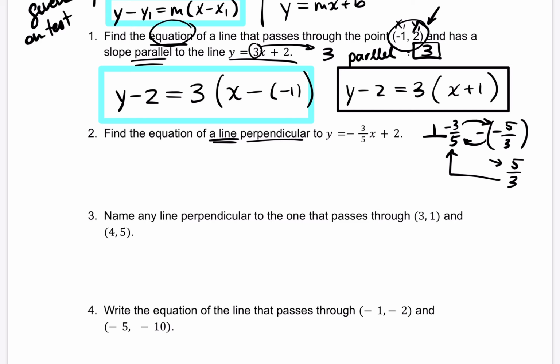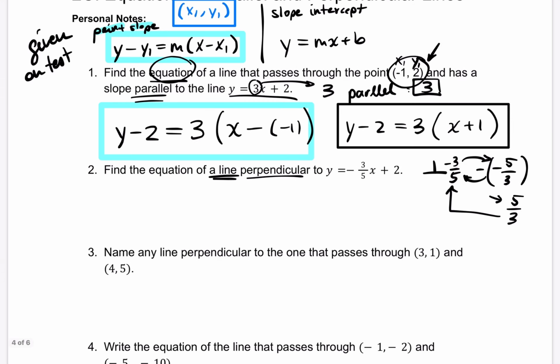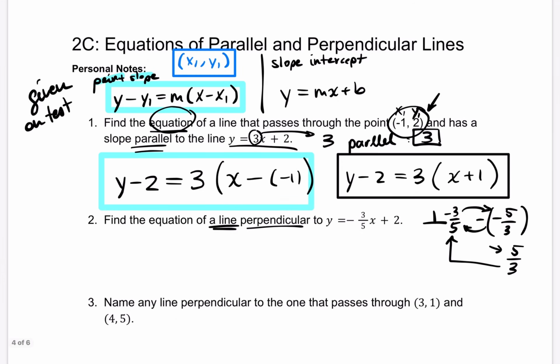So if I make a new line in slope-intercept form with a slope of 5/3, it must be perpendicular. Now, it doesn't really matter what b is, because all b tells you is where we intersect.